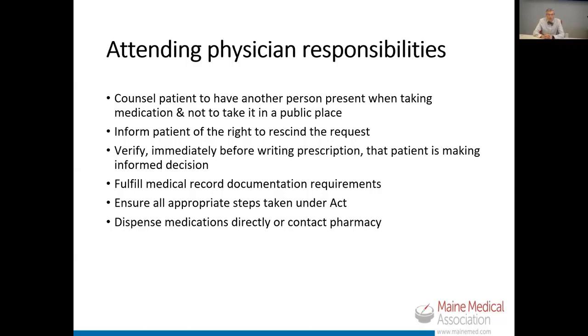The attending physician must fulfill all of the medical record documentation requirements, which I'll address in a slide or two, and ensure that all of the appropriate steps are taken as required by the Act. And finally, would dispense the medication directly or contact the pharmacy to make the prescription drug order.